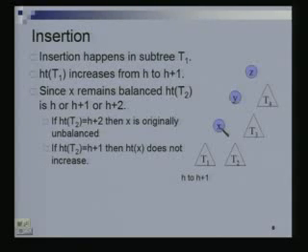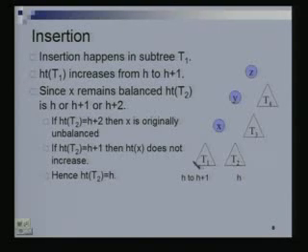The fact that the height of X has increased implies that this cannot be H plus 1, because if this was H plus 1, then the height of X did not increase. It remained what it was before, H plus 2. Everyone follows this? So this implies the height of T2 cannot be H plus 1, so it has to be H. So the height of T2 is H.